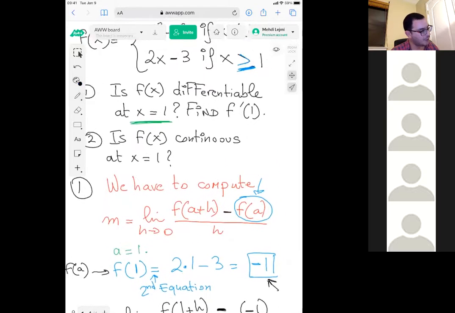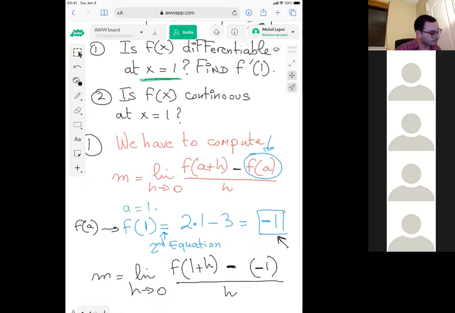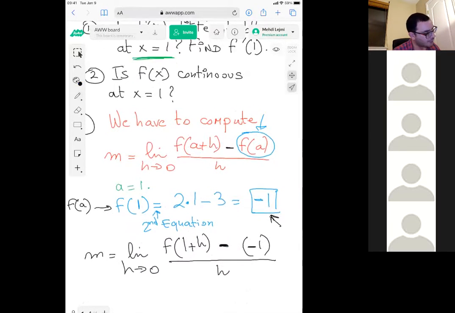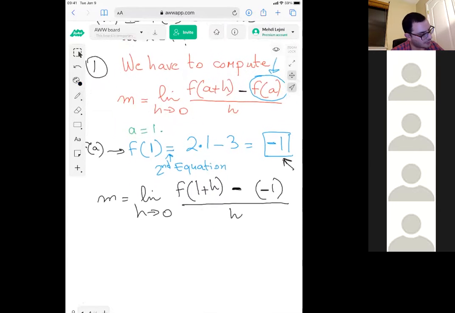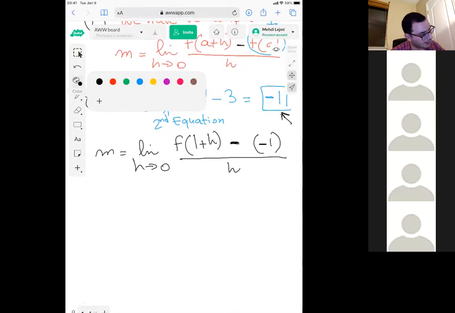Okay, so now the question is, I need to compute, so let me write again for you the function f. So we need to compute f of 1 plus h, right?